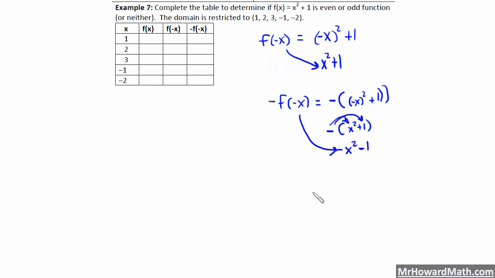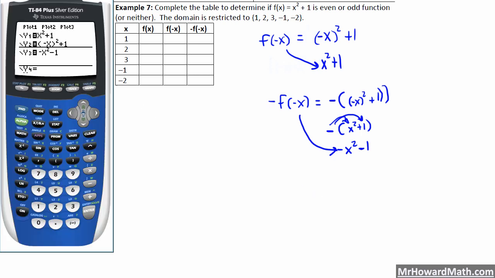So let's put these in our calculator. I went ahead and did that earlier to make this faster. So we have x squared plus 1, our original, in here. We have negative x squared plus 1. That's our f of negative x right here. And then finally we have negative x squared minus 1 right here. Okay, so y1 is our original, y2 is going to be this column of the table, y3 is going to be this column of the table.